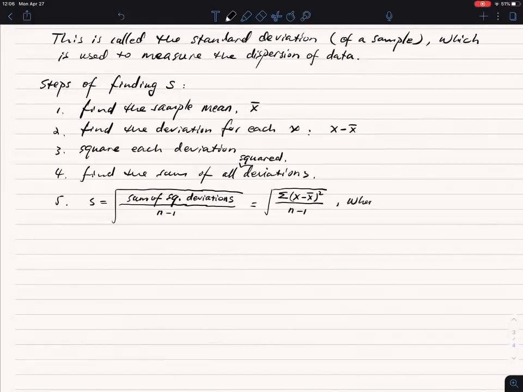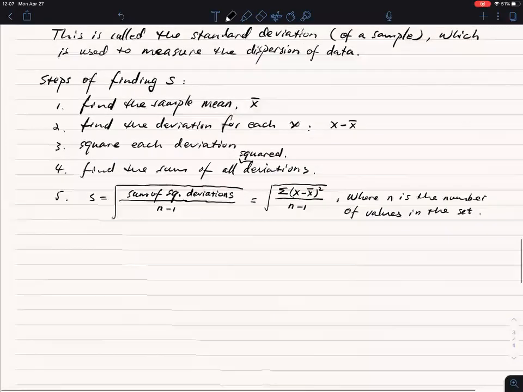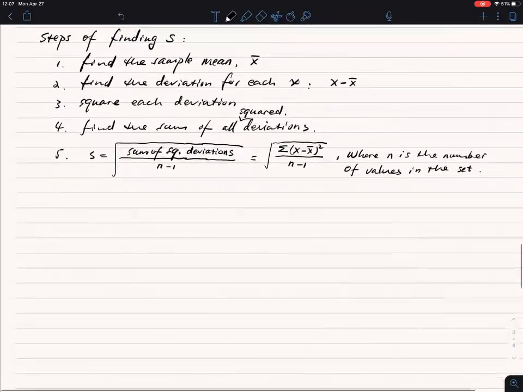So here N is the number of values in the data set, or in the set, the same thing. Okay. So how about let's do another example and see if we can follow those steps.